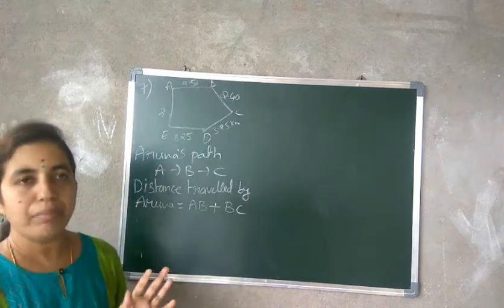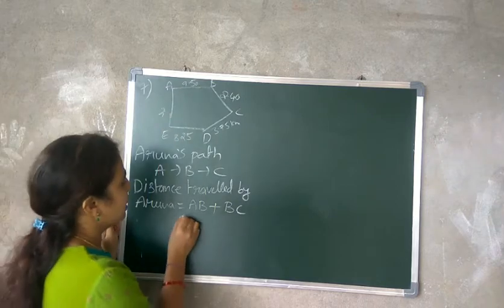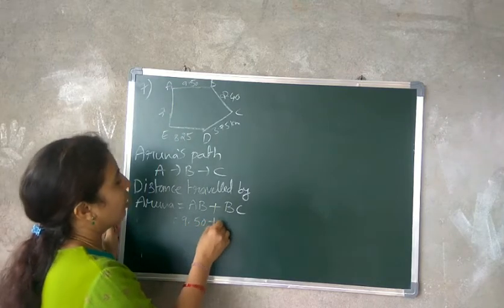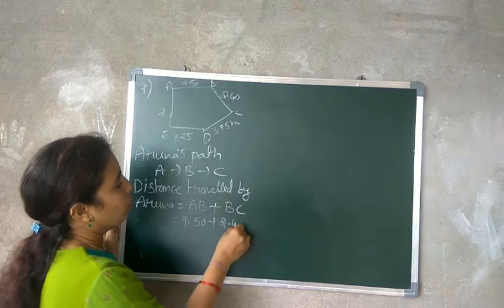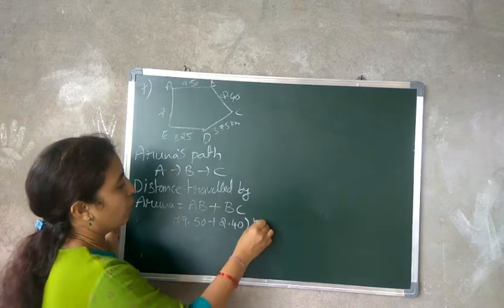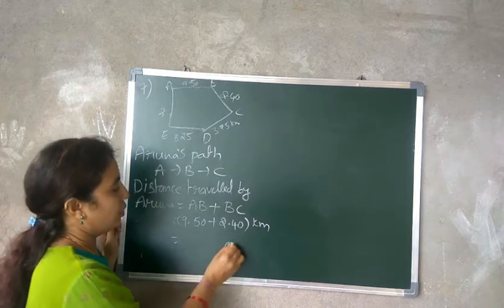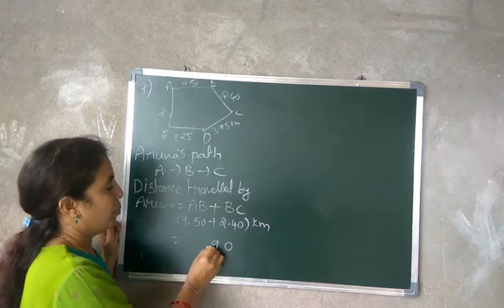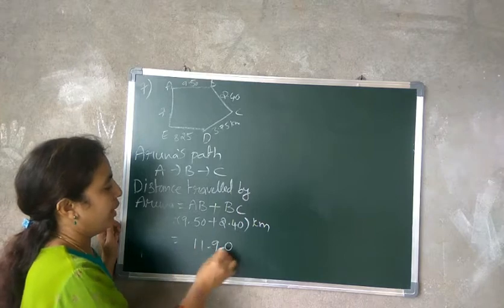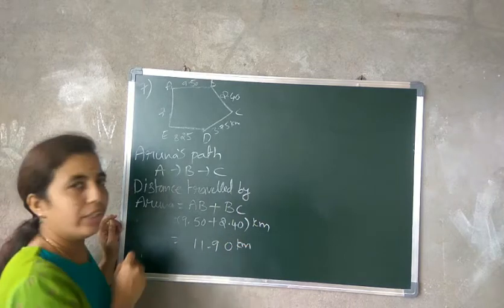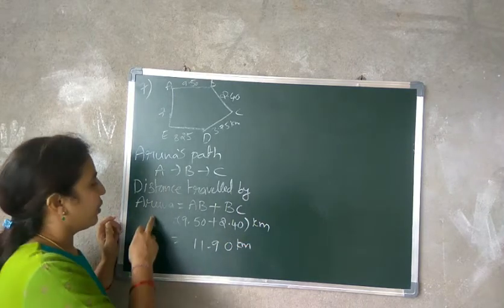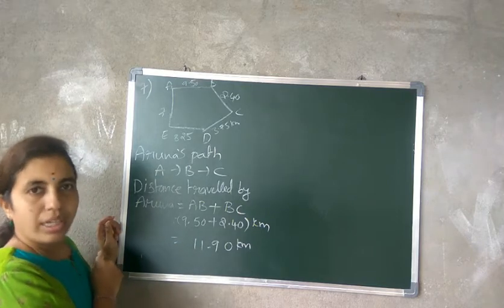AB is given as 9.50 and BC is 2.40 kilometers. Now add these two. 0 plus 0, 0, 5 plus 4 is 9, 9 plus 2 is 11. So 11.90 kilometers. She travelled 11.90 kilometers.